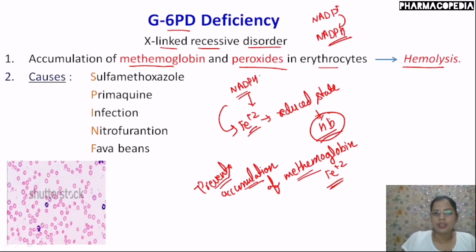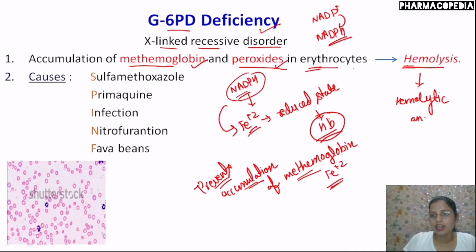Okay, so जब G6PD एंजाइम की डिफिशियंसी होगी तो NADPH का प्रोडक्शन नहीं हो पाएगा and therefore it results in the accumulation or the deposition of methemoglobin and the peroxides too, because glutathione जो reduced form में convert होना है वो it is dependent on the NADPH. जब NADPH की supply नहीं हो पाएगी, so there will be an accumulation of methemoglobin and the peroxides both in the erythrocytes and therefore it will further result in hemolysis or the breakdown of the RBCs and ultimately it causes hemolytic anemia. Yes, dear student, it causes hemolytic anemia.